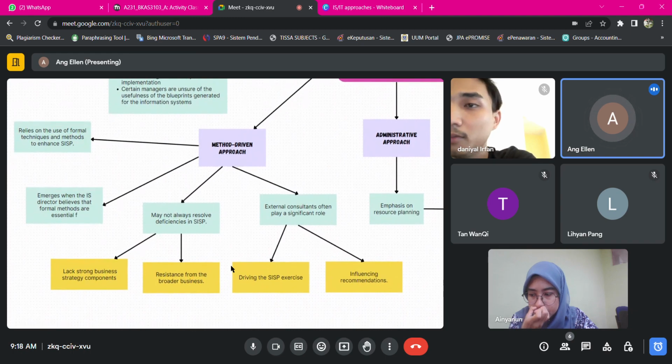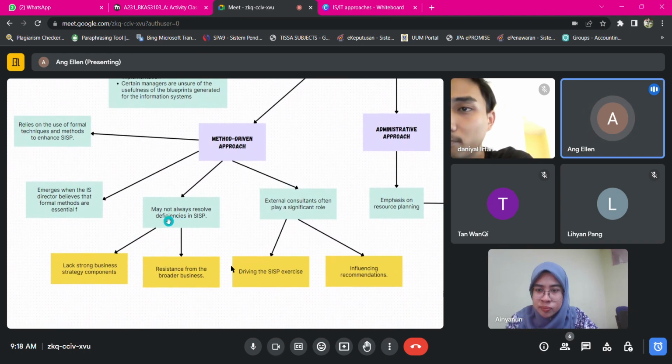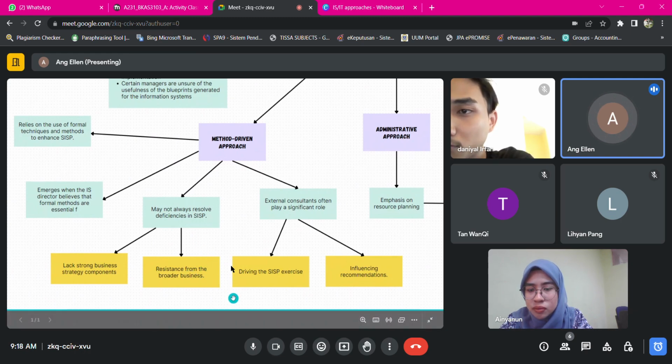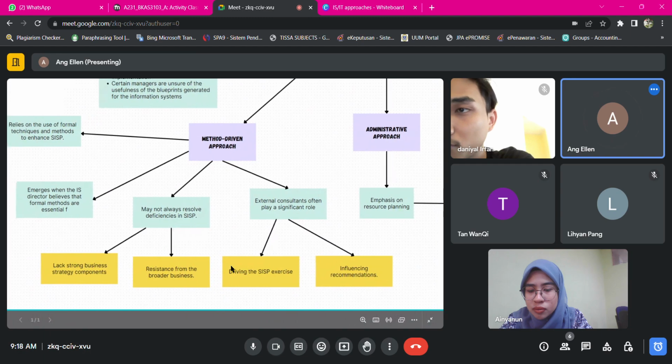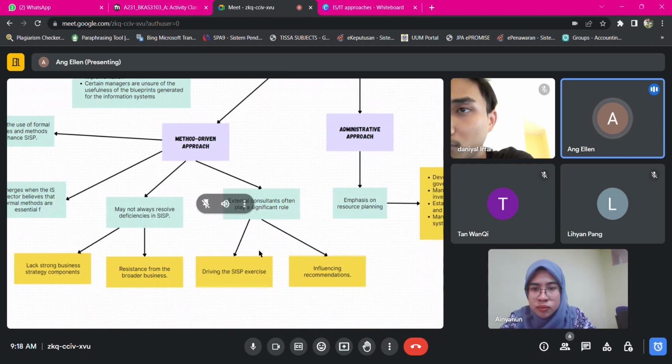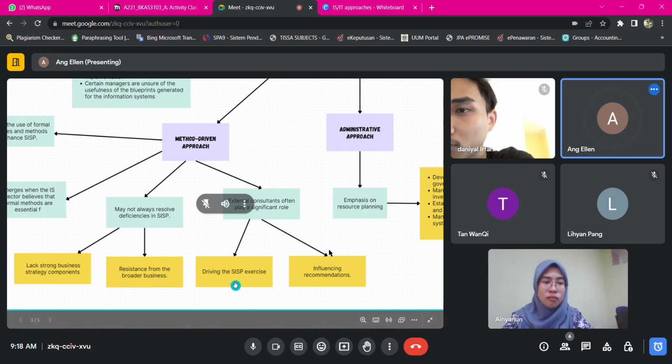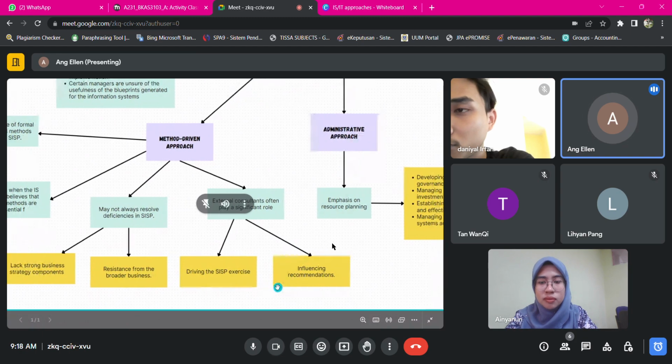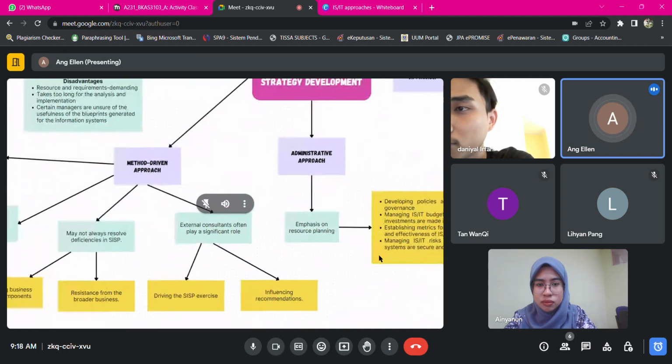So it may not always resolve deficiencies in SISP when the business lacks a strong business strategy component or a system from the broader business. And the external consultant often plays a significant role in this approach to drive the SISP exercise and influence recommendations.